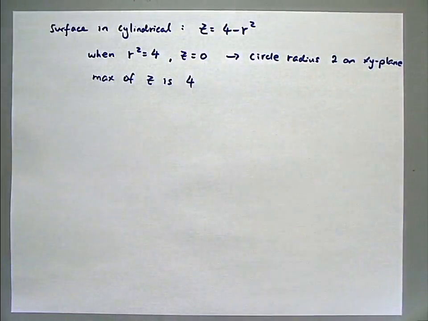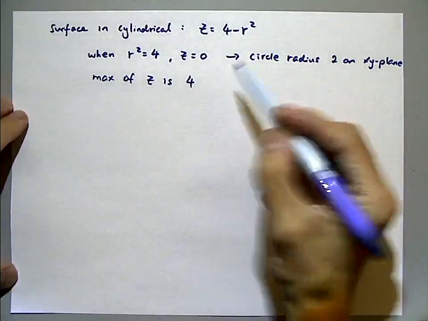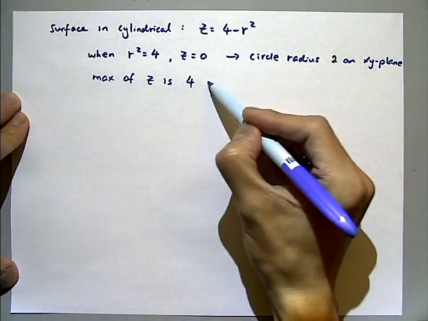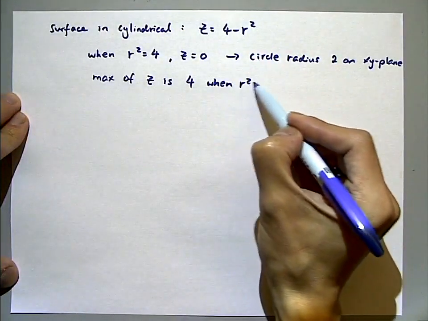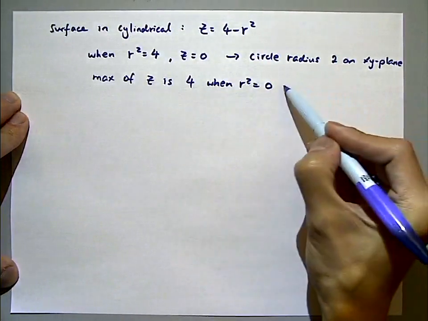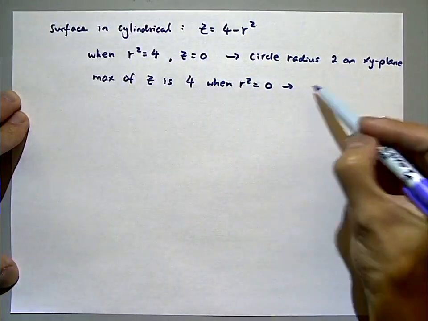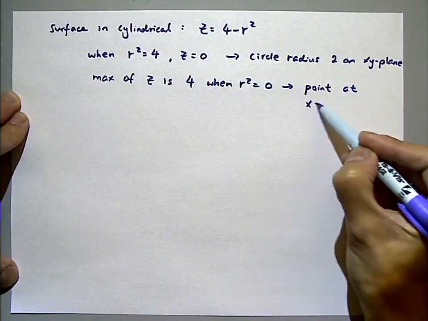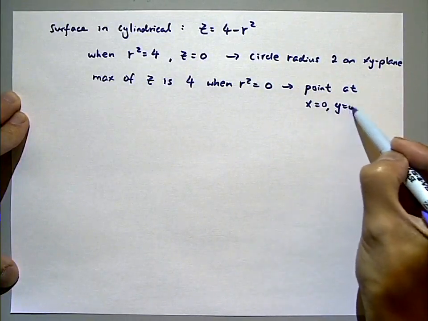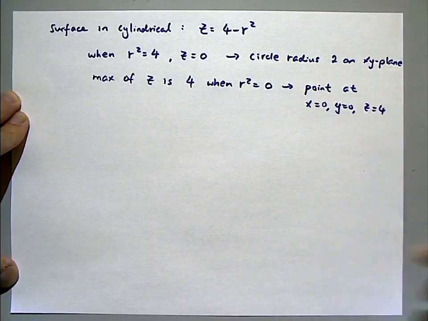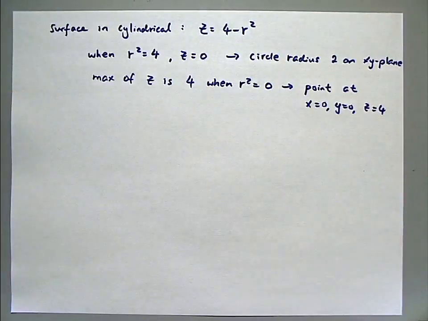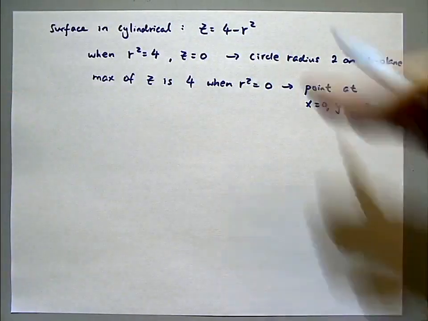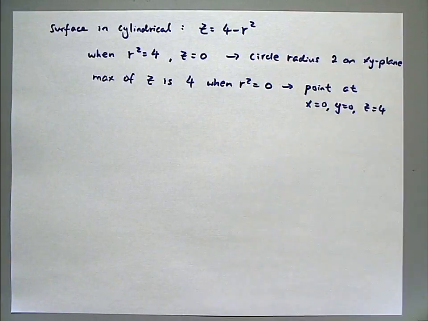And the maximum z is equal to 4. Z never gets above 4, right? When r squared is equal to 0, that means there's a point at x equal to 0, y is equal to 0, and z is equal to 4. That's the tip of the surface here, and z has no chance to ever get above 4.